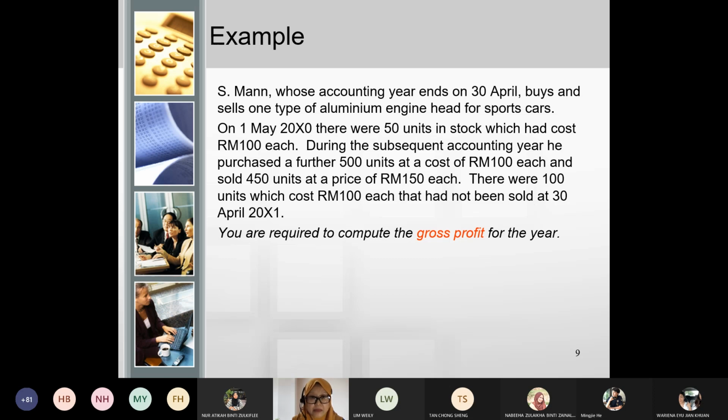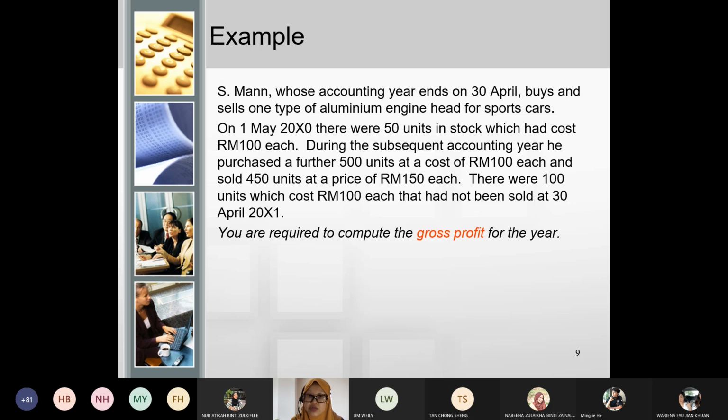Mr. S-Man, whose accounting year ends on 30th April, buys and sells one type of aluminium engine head for sports cars. On the 1st May, there were 50 units in stock, and the cost per unit is 100 ringgit.